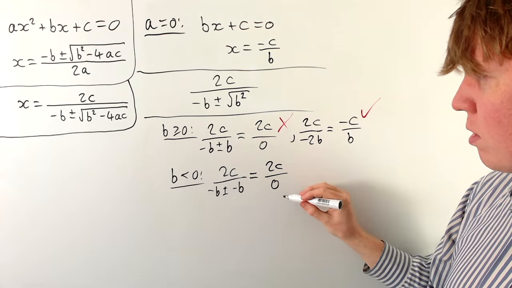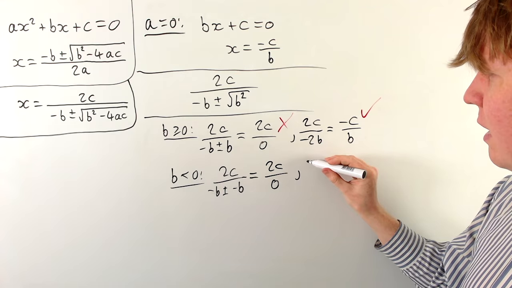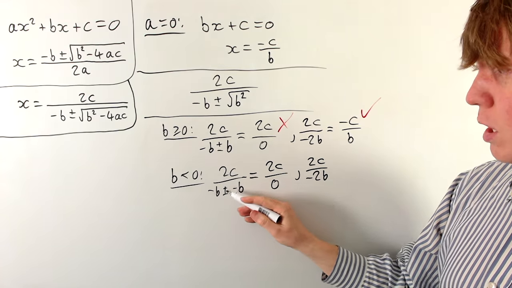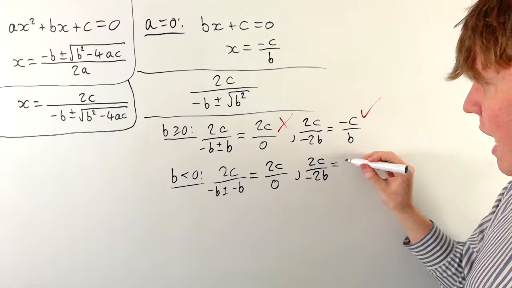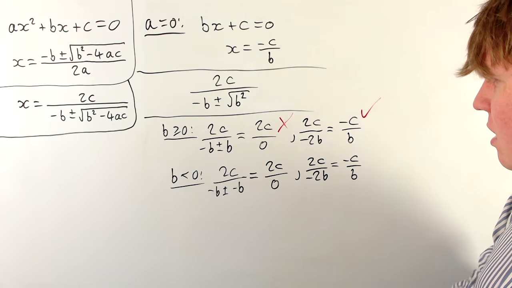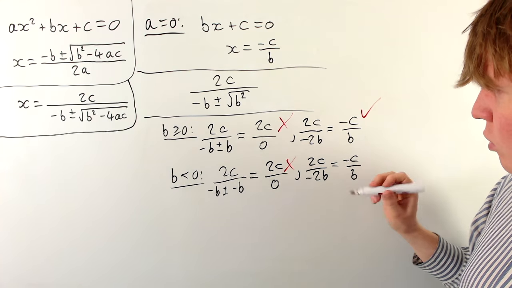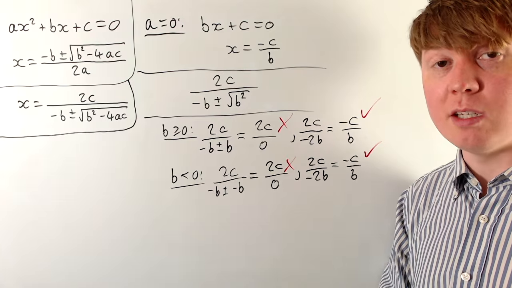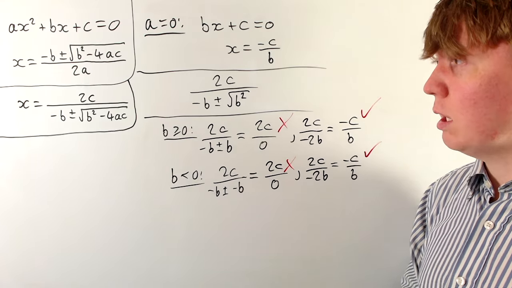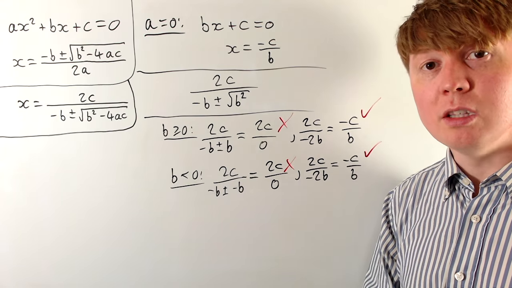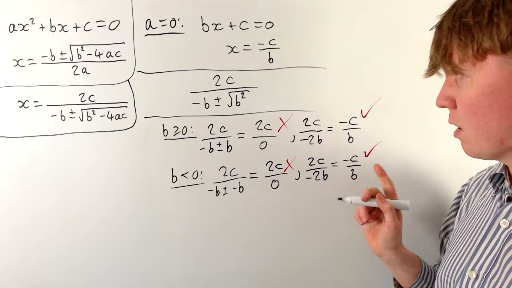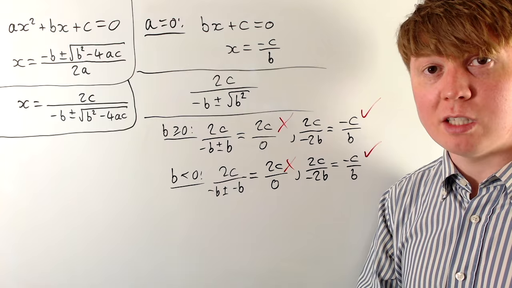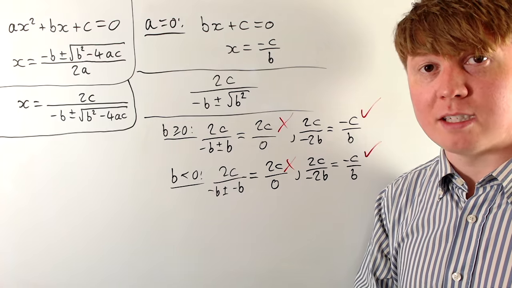So we get the same two solutions, 2c over 0, and we get 2c over minus 2b for minus b plus minus b in the denominator, which again simplifies to minus c over b. You can see that the division by 0 doesn't work, but we do again retrieve this minus c over b solution in either case. So we can actually say then when a is 0, the new quadratic formula still catches this solution, whereas the original quadratic formula doesn't. So this is a really big advantage then, that it works when a is 0.